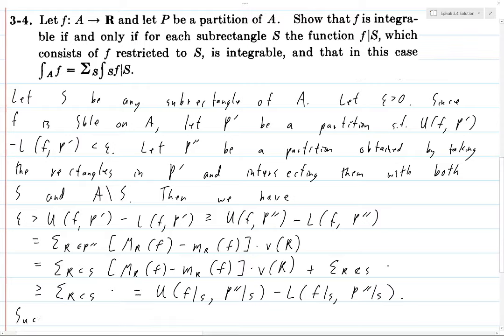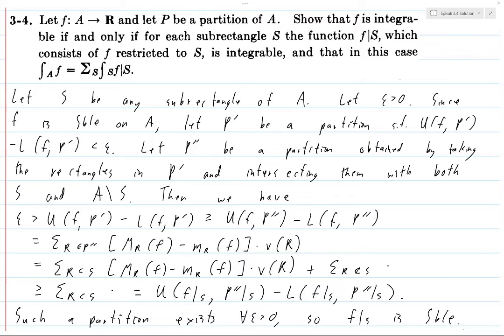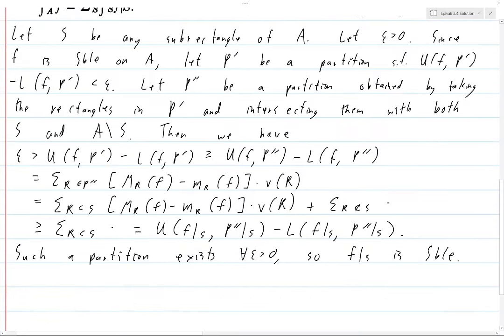And such a partition exists for all epsilon greater than 0. And so what that tells us is that F restricted to S is integrable. And that holds for any subrectangle S of A. And so that's one direction. Okay, good.